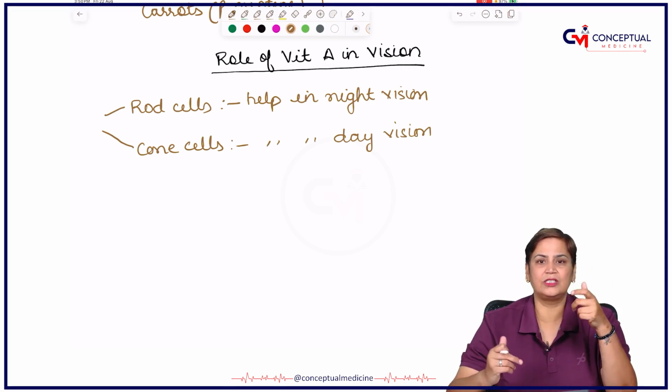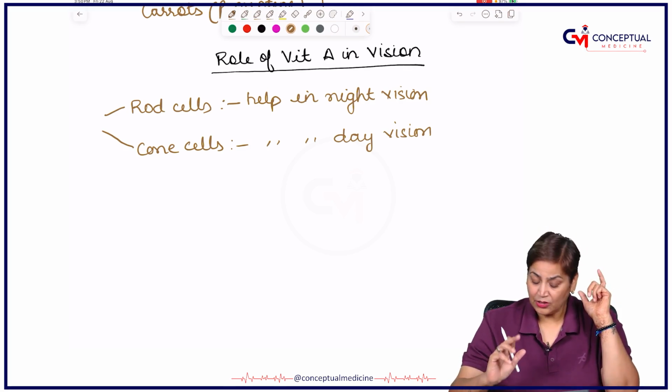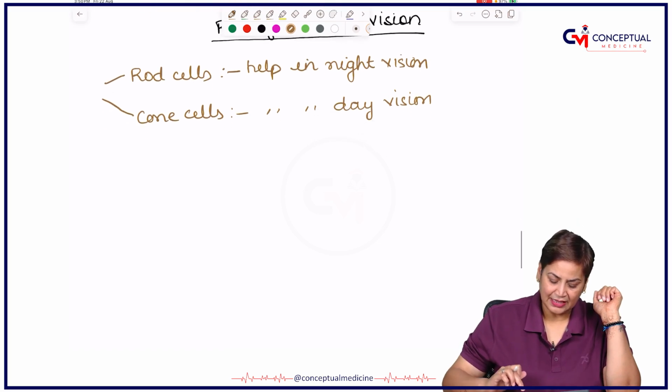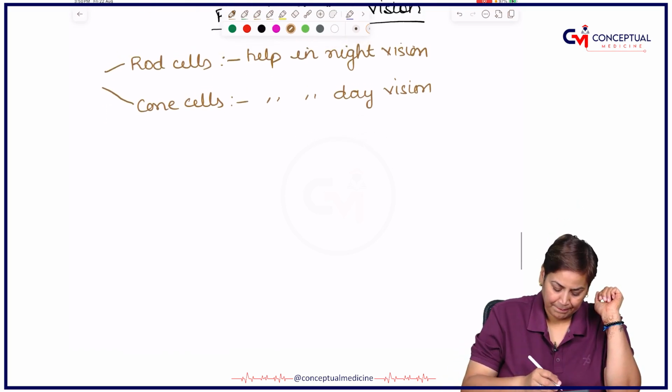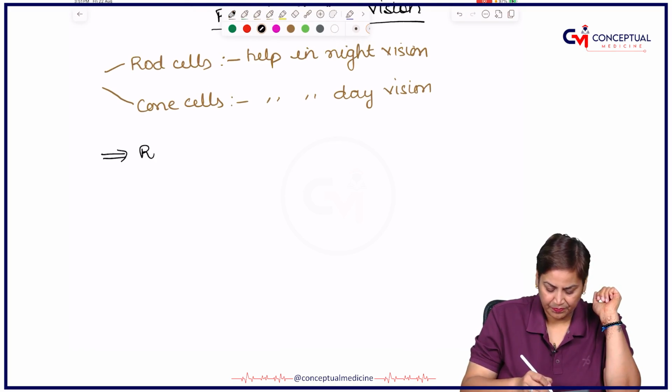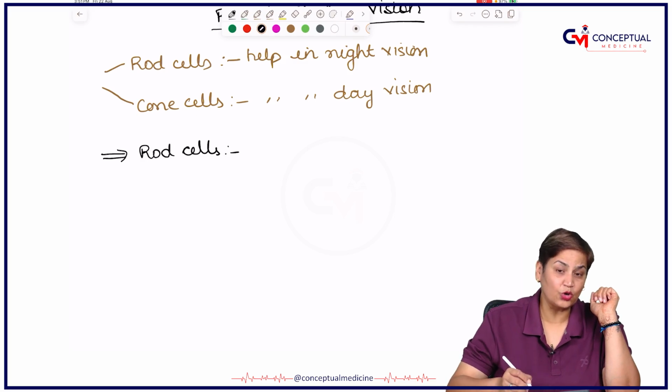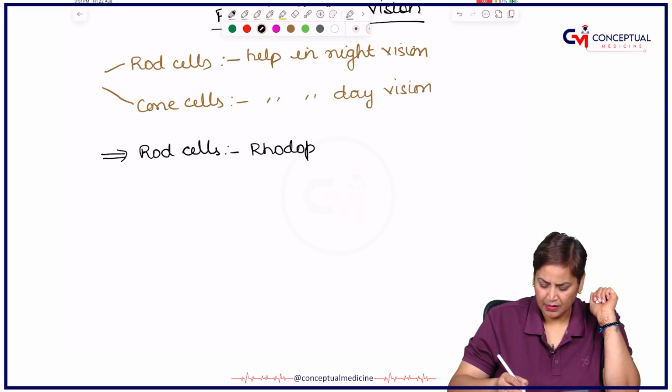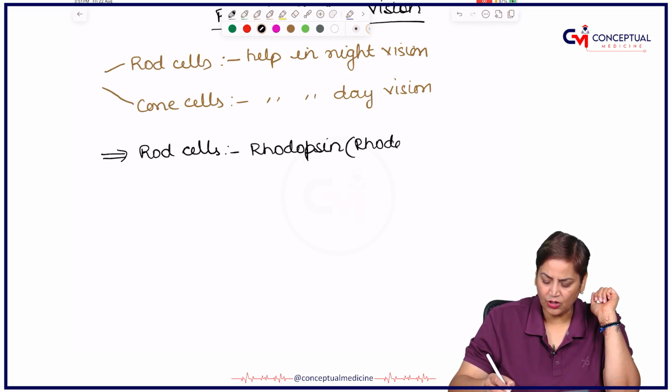Now the question is, what is the role of vitamin A in that? In the rod cells, there is a pigment known as rhodopsin. This rhodopsin is made up of rhod and opsin.